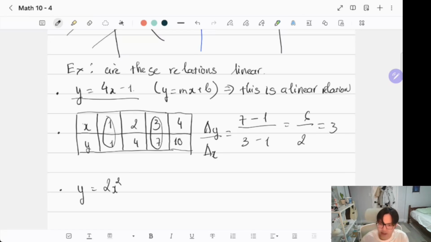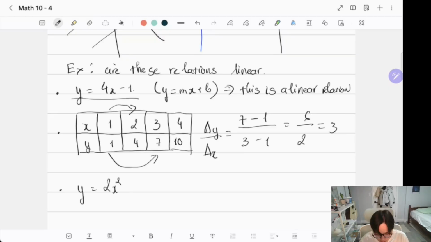Is it the same rate of change as the first one? So we know that the rate of change from this point to this point and from this point to this point is the same, and at this point we can conclude that this is already linear.